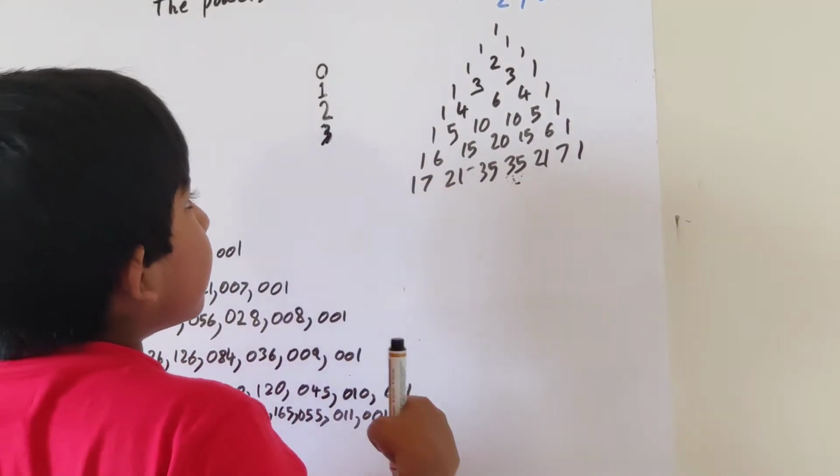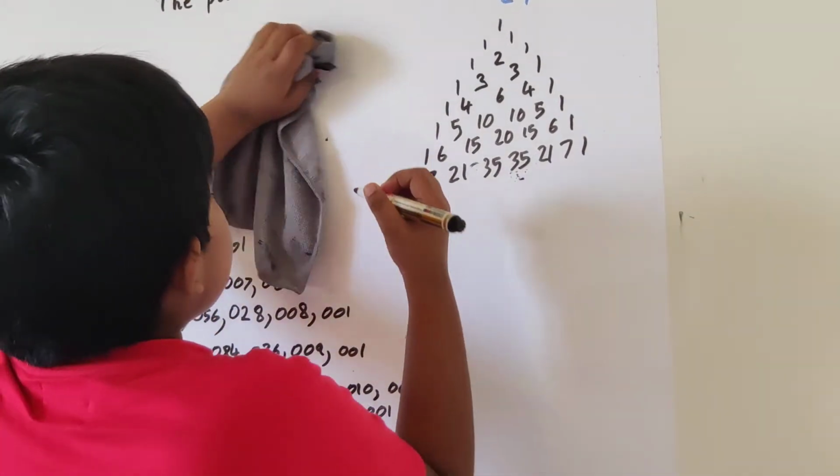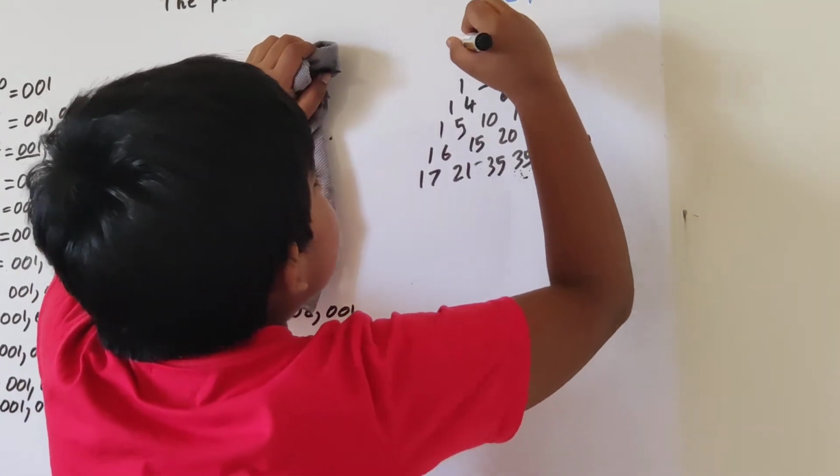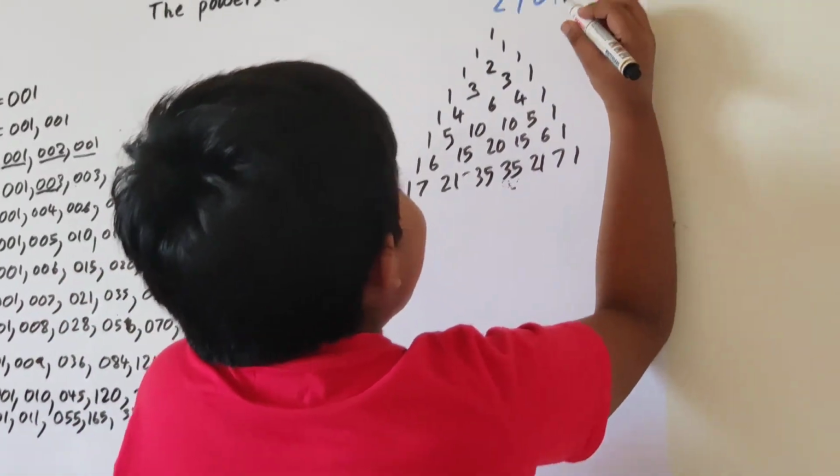Then row number 0, so let's take the sum of all these.